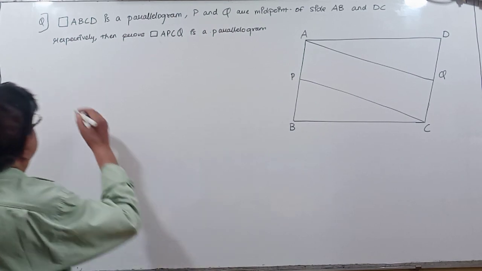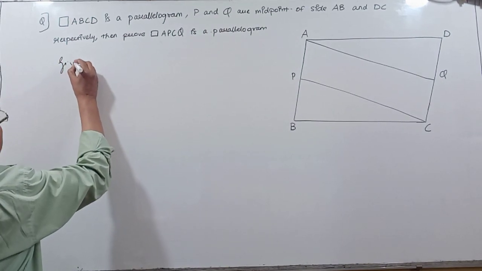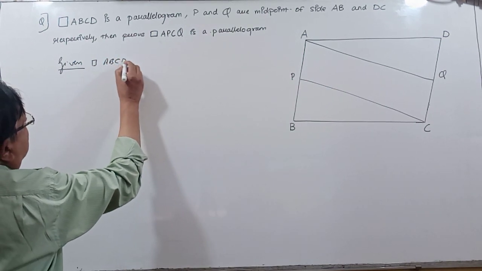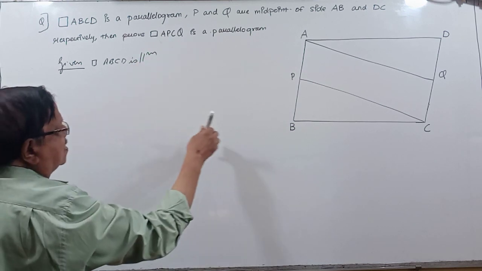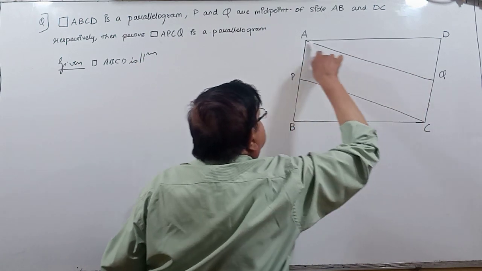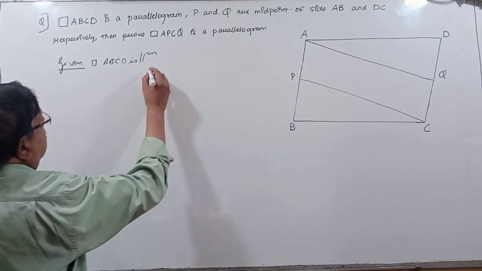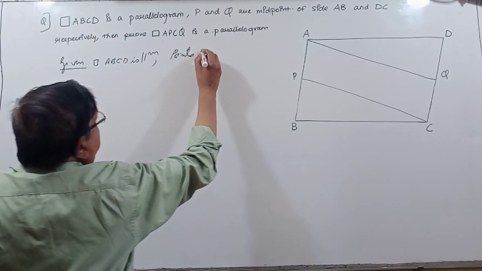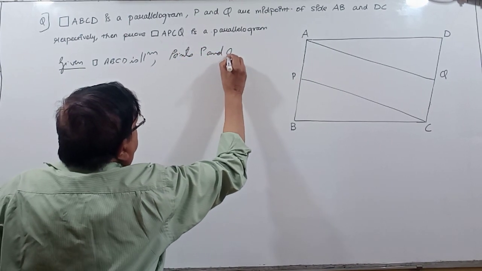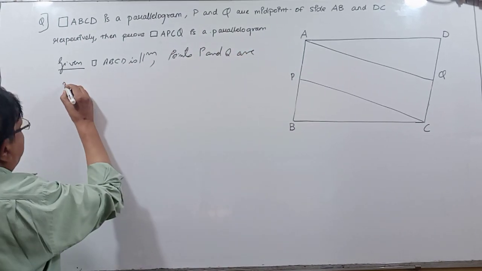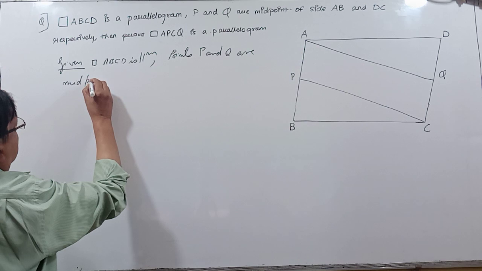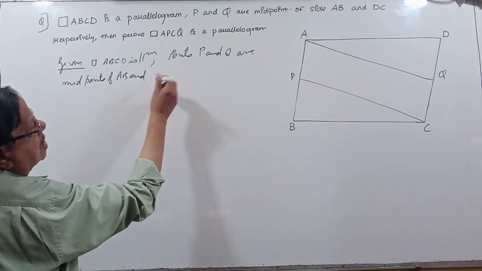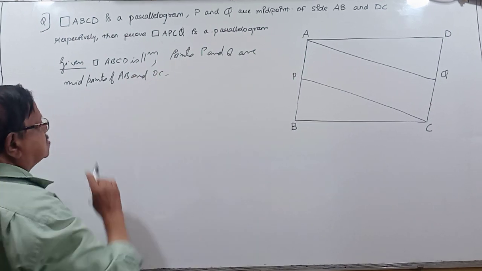They are given quadrilateral ABCD is a parallelogram. Also, points P and Q are midpoints of AB and BC.